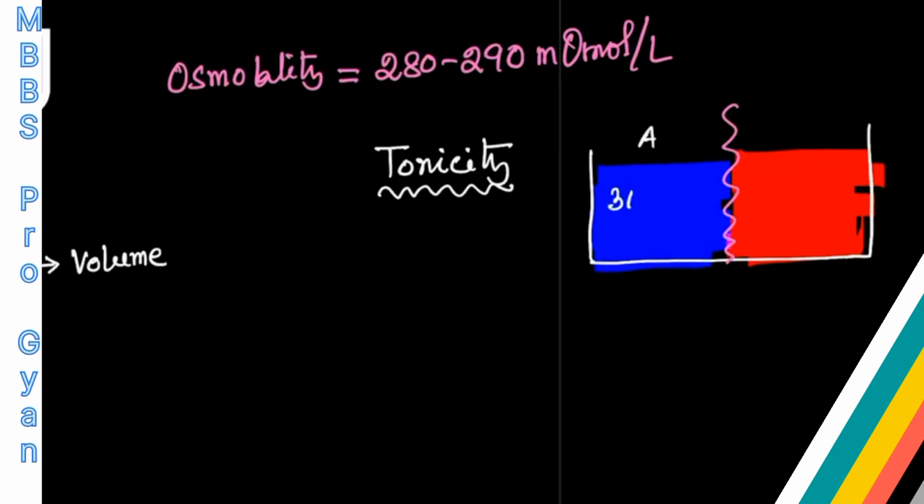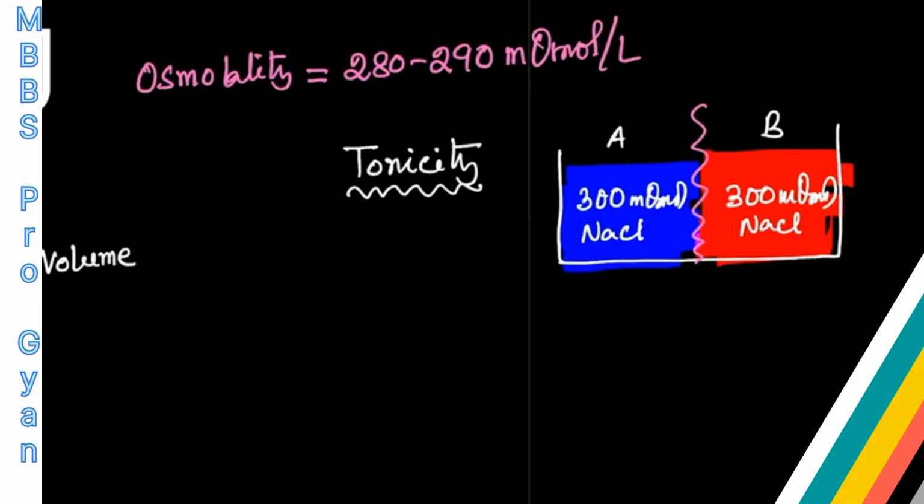So on compartment A, suppose this is compartment A, it contains 300 milliosmol NaCl. If I give another 300 milliosmol NaCl on the compartment B, then both the compartments are iso-osmolar compartments, and if I compare this B with respect to A, then B is isotonic to compartment A. Getting my point?